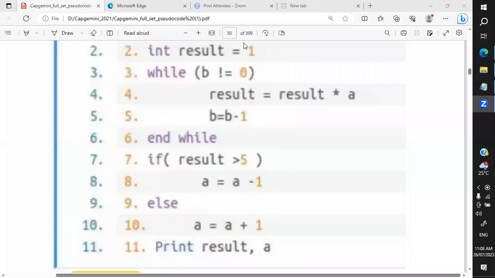Both of them we have to print. Yeah, dear, sorry for that. I didn't display that. Both A and result we have to print.